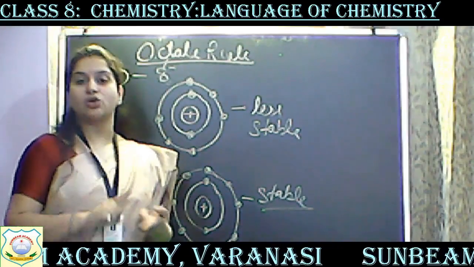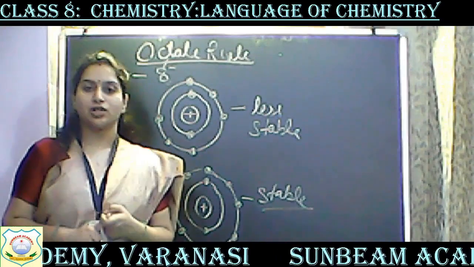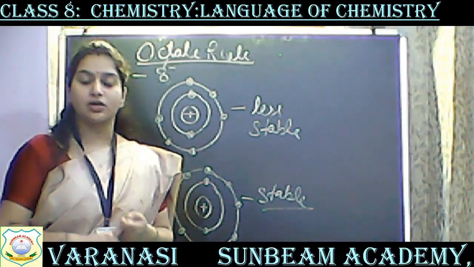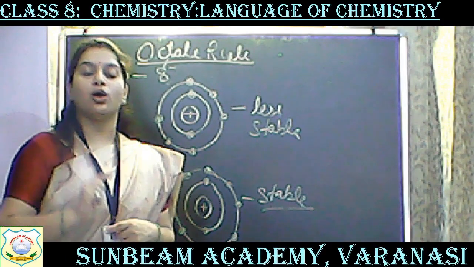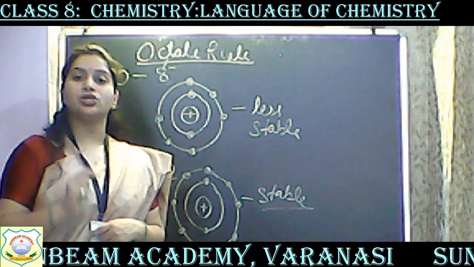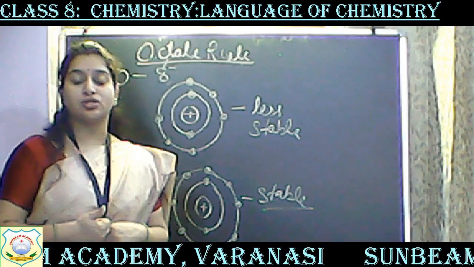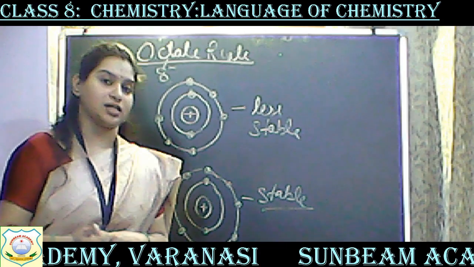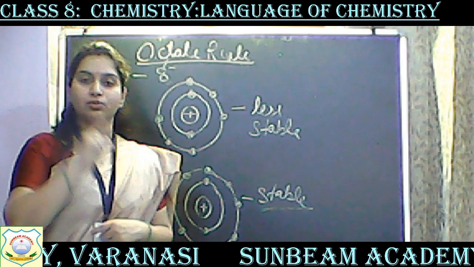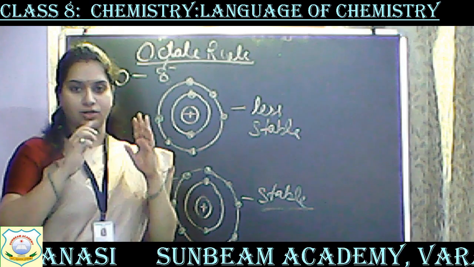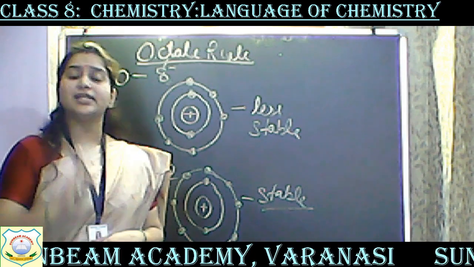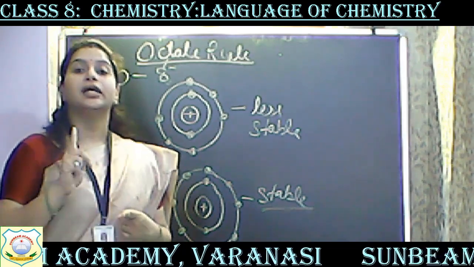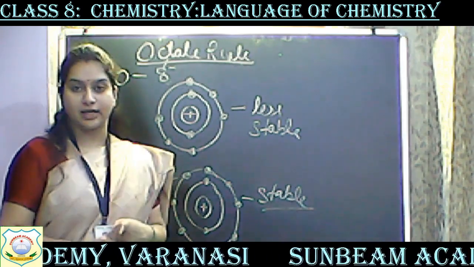So this is the octet rule. What is the octet rule? The octet rule says that the outermost shell of an element should have 8 electrons to attain its stability. For all the elements we are seeing, the outermost shell should have 8 electrons, only then will we consider it stable.